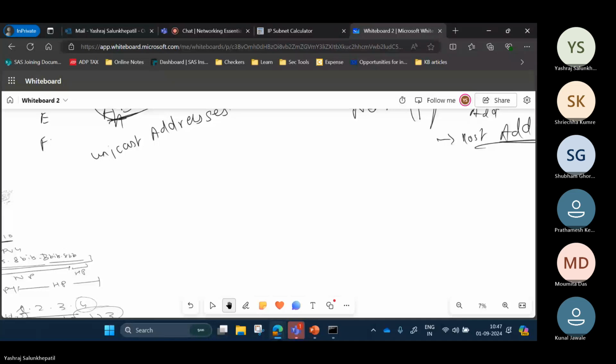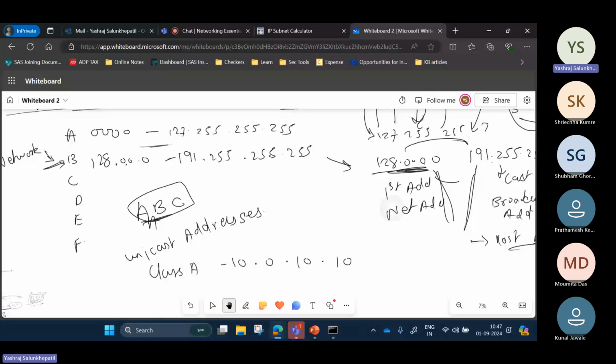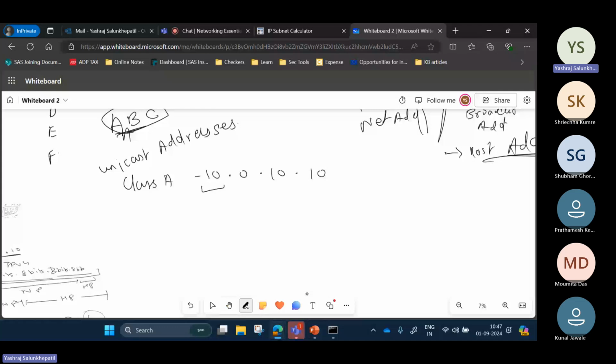So how was classful addressing? Class A, we have 10.0.10.10. Now which is the network portion here? Based on this range, in class A the network portion is this much. This is the network portion and this is the host portion. How can you verify?